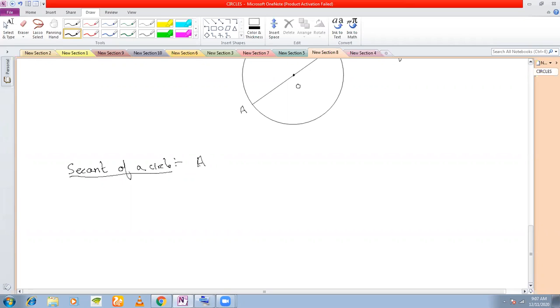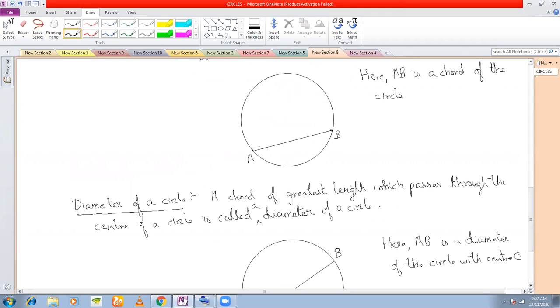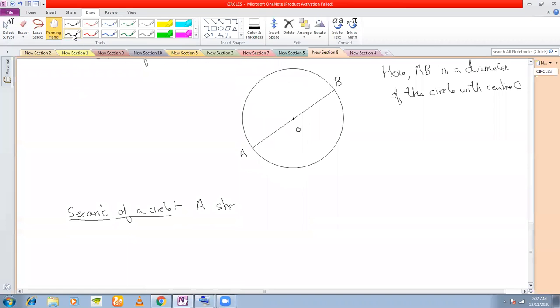This time, the line can be of any length. In the case of a chord, you had a line segment, that means only this part. That is the difference between a chord and a secant: a chord is a line segment, whereas a secant is not a line segment, it is a straight line.